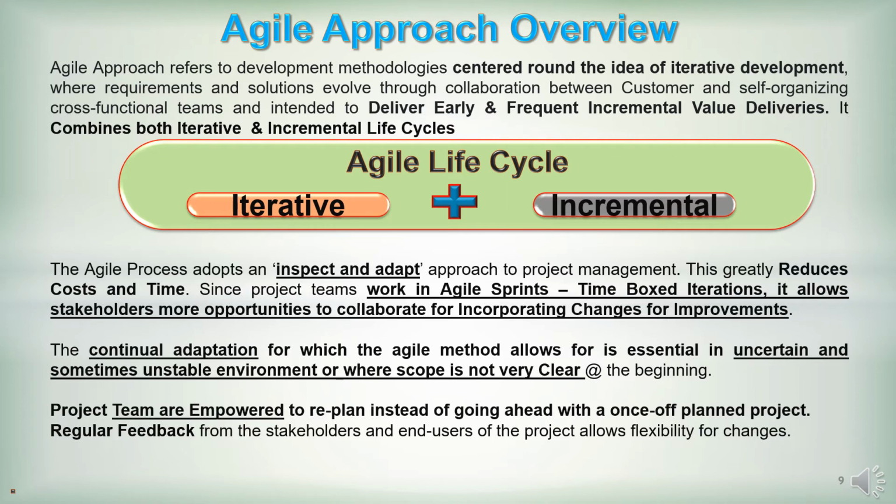Project teams are empowered to replan instead of going ahead with a once-off planned project. Regular feedback from the stakeholders and end users of the project allows flexibility for changes. Agile life cycle.